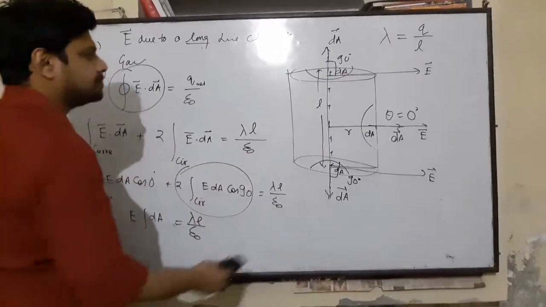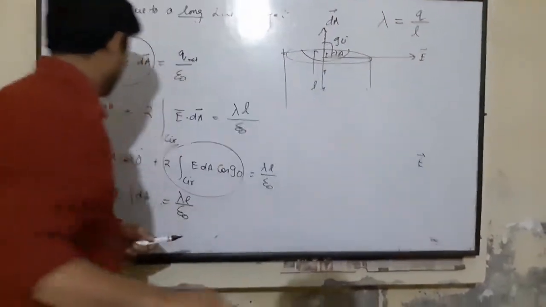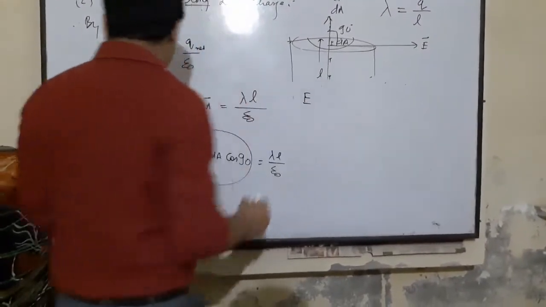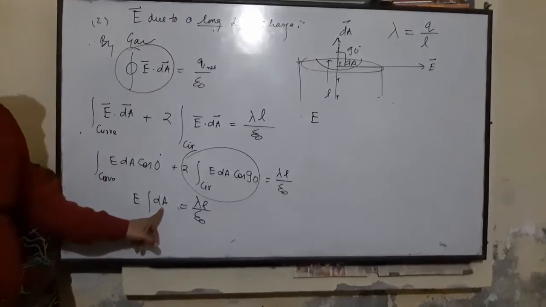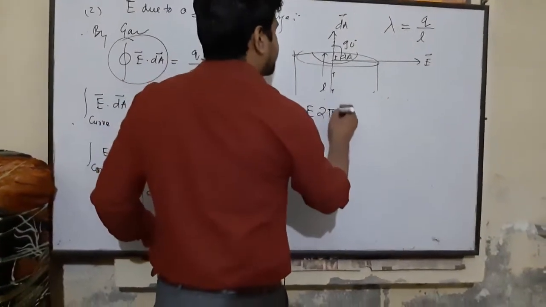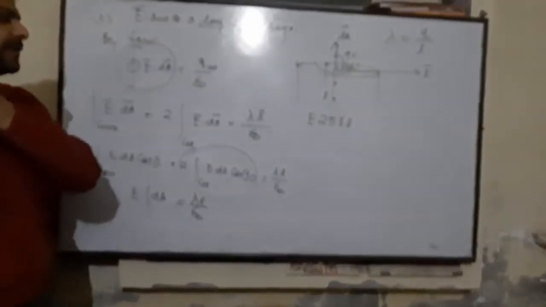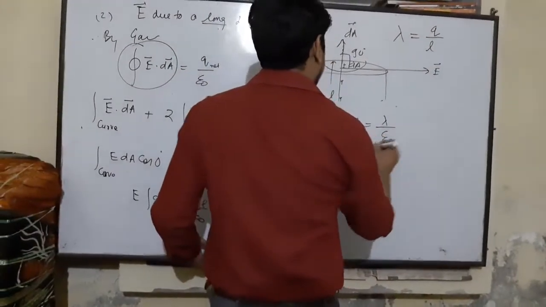Now we have to find E, the integration of dA. This is the summation of small areas for the curved surface. The curved surface area of a cylinder is 2 pi r L, and this is equal to lambda L over epsilon naught.